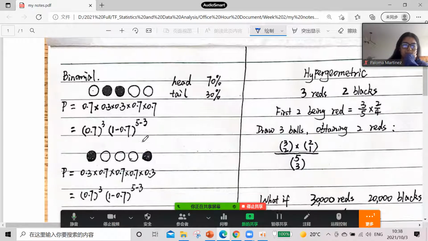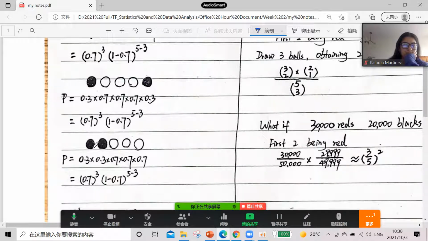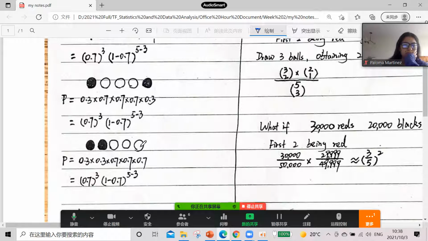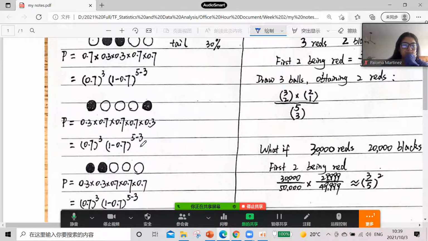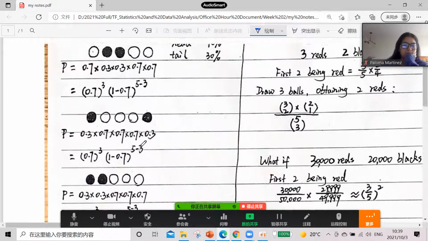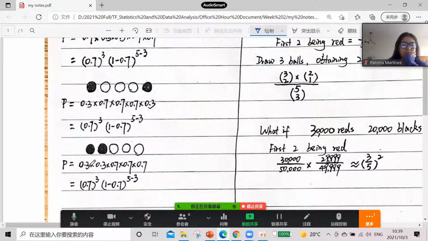And what you can see is my probability of finding another specific sequence, which is tail, head, head, head, tail, or the third one, tail, tail, head, head, head, right? The two tails show up in different positions, but their probability is exactly the same, right? So you just multiply the different probabilities together.